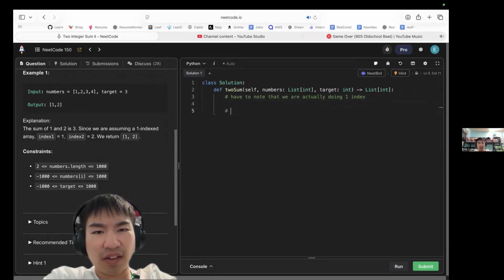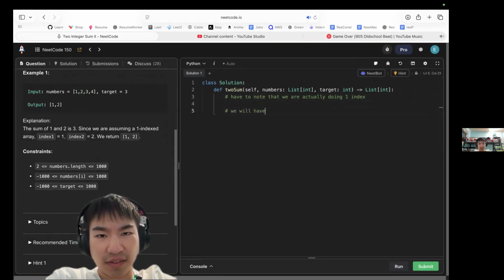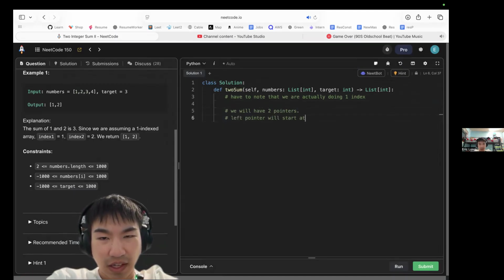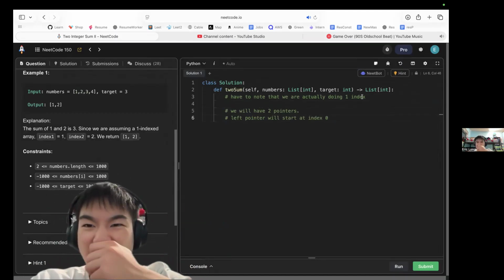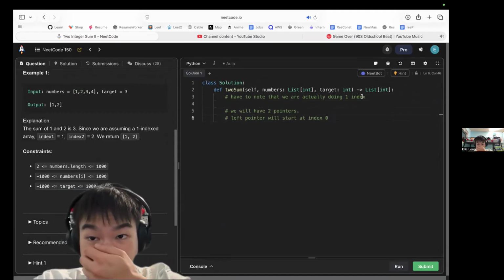Yeah, let's go ahead and try to solve that. So we'll have two pointers. Left pointer will start at index 0. I mean, we're gonna say index 0 for now, even though it's one-indexed. I'll just add 1 to the index at the end, right?